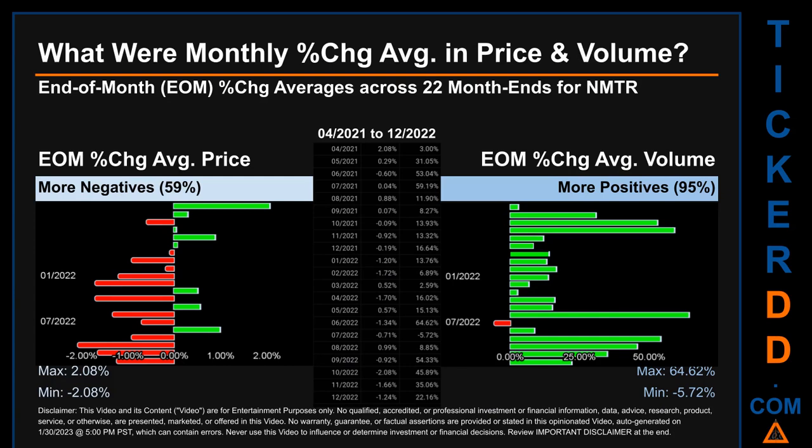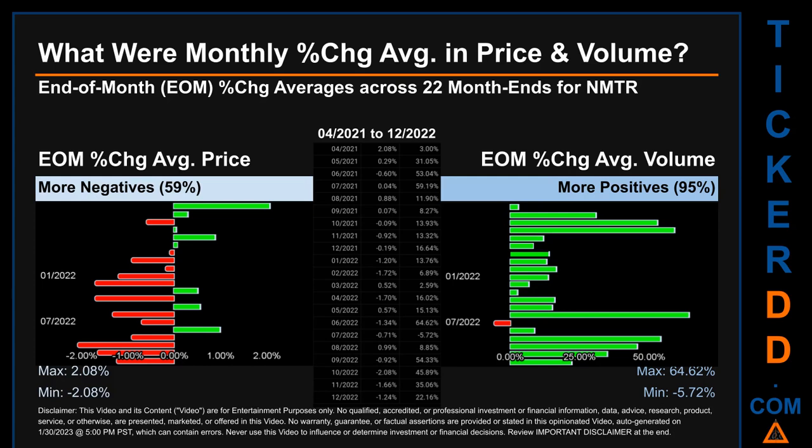What were end-of-month percentage change averages in price and volume for NMTR? The monthly average of percentage change, in price and in volume, was calculated for each of the 22 month ends. That calculation took daily percentage changes and averaged them for each given month. If a month end came out negative, then it means that the month summarily saw a negative change. From 12/2020 to 04/2021, out of 22 month ends, 13 had a negative percentage change in average price, meaning 59% of month ends saw a negative percentage change in average price.